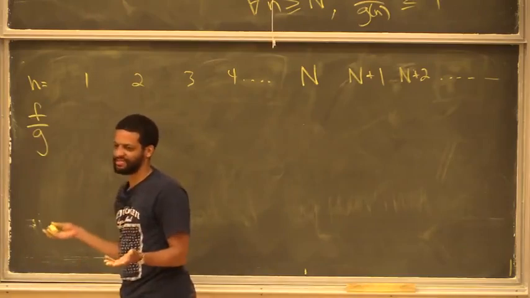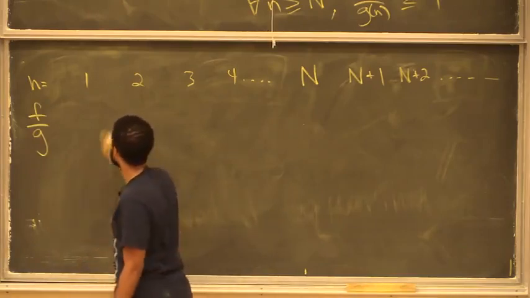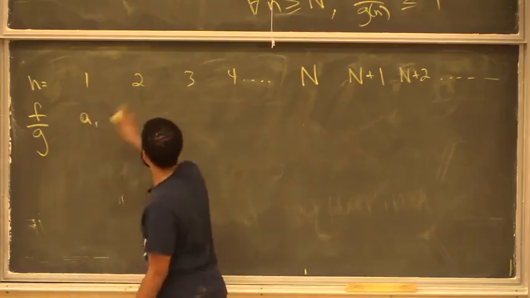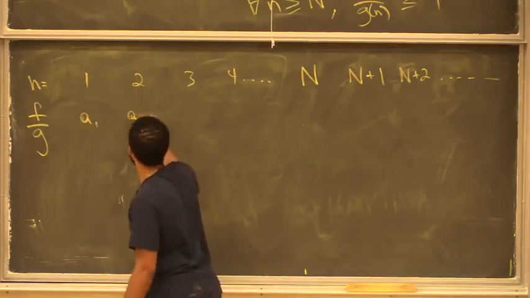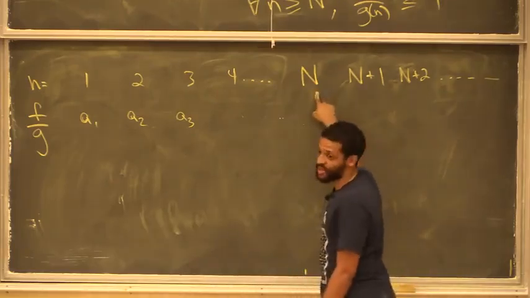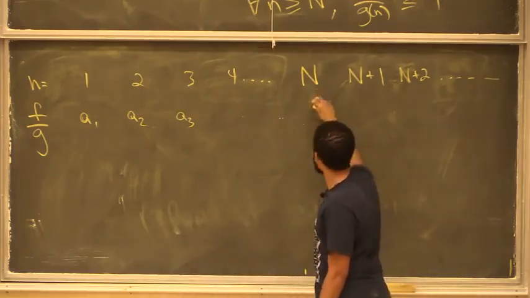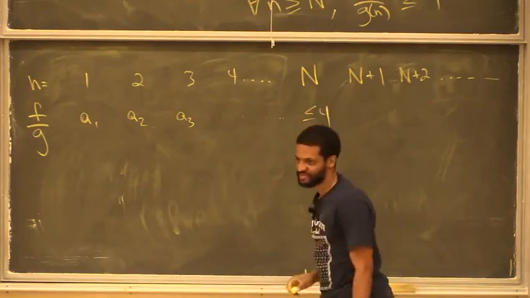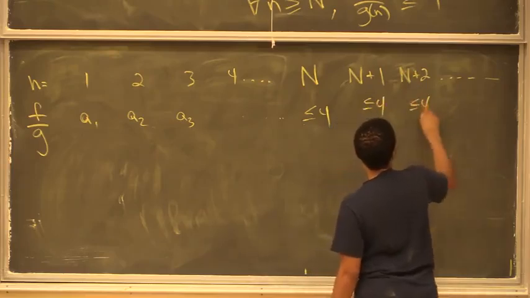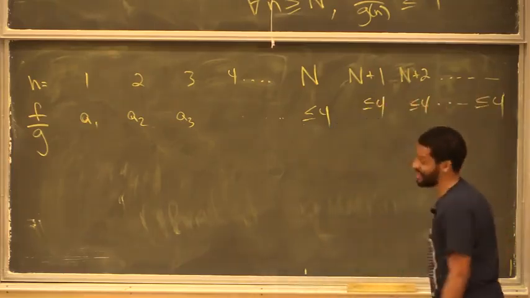It's something. Let's just write down what that something is. It's a1. What is it for 2? It's some other number, a2. What is it for 3? It's some other number. Down to, finally, when I get to capital N, I know that it's at most 4. And I know that this ratio is also at most 4. From then on, forever, it's at most 4.